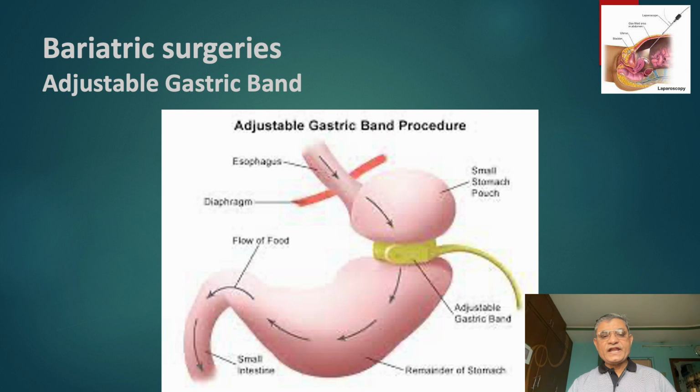Another type of bariatric surgery is the adjustable gastric band. What is it? It's a band placed around the upper part of the stomach. It creates a small stomach pouch and a narrow passage.